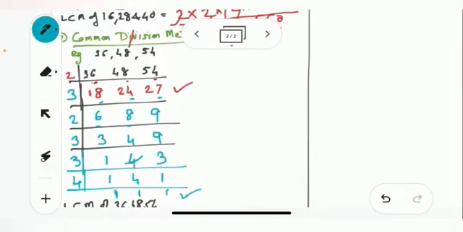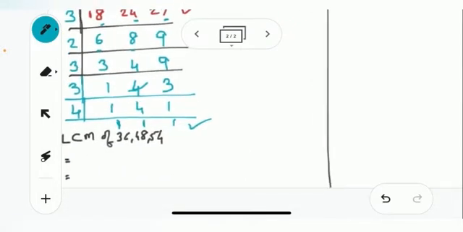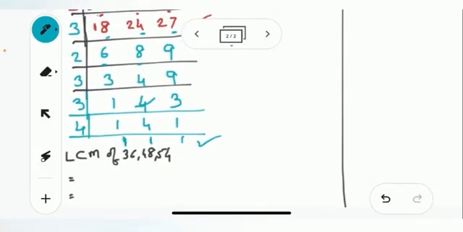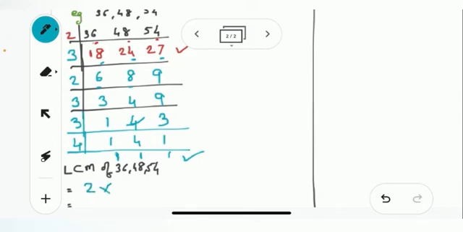Okay, so now I'll be writing the LCM of these numbers. So what will we write? We will write all these numbers here: 2 into 3 into 2 into 3 into 3 into 4.